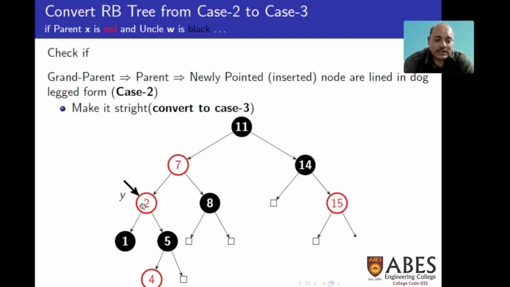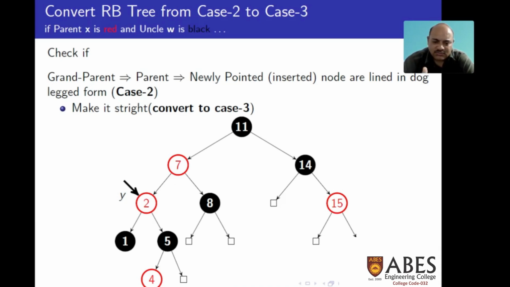That means there is still a red conflict. But the grandparent, parent and newly pointed node are now straight. That means they are either in a left or a right combination only. In our example, they are in a left combination.